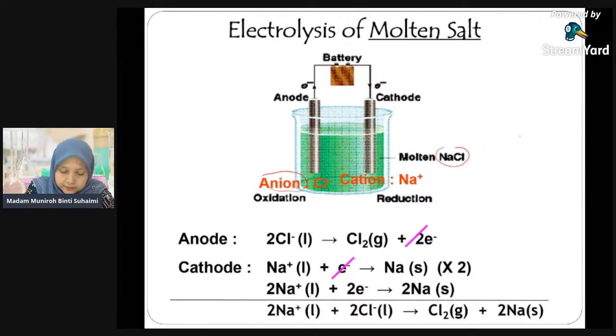Chlorine gas and sodium solid are formed. This is the overall cell equation. This is the product for molten salt. For molten salt, it is easier to choose the product because we only have one anion and one cation to choose from.